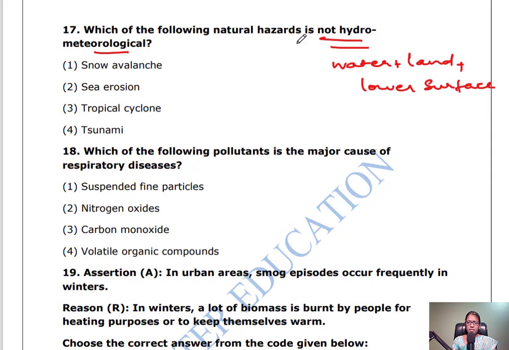So the natural hazard that is not hydrometeorological is snow avalanche. It just happens because of water and land and lower surface of atmosphere changes.